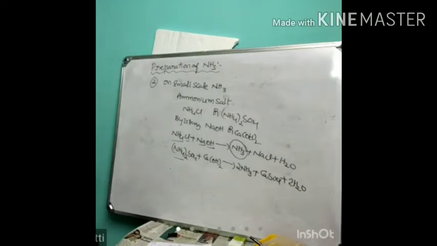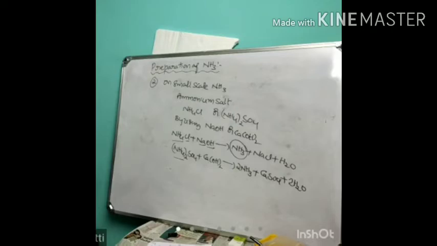So this is another method. In this method, we prepare ammonia on a small scale by the decomposition of ammonium salts using caustic soda or calcium hydroxide. And the next method is very, very important.